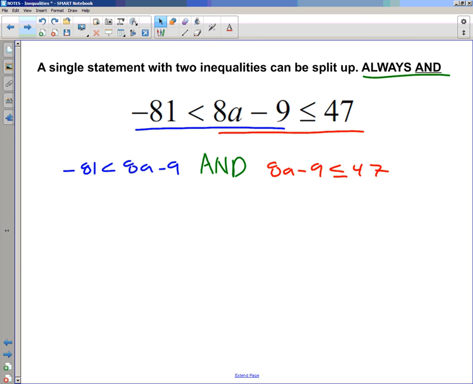So just really quickly go through and solve this. Adding 9 to both sides is going to get us -72 is less than 8a. Dividing by 8 would get us negative 9 is less than a. Go over here, do the same thing, adding 9 to both sides.